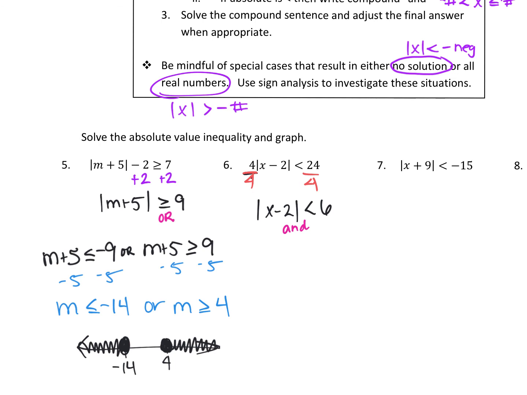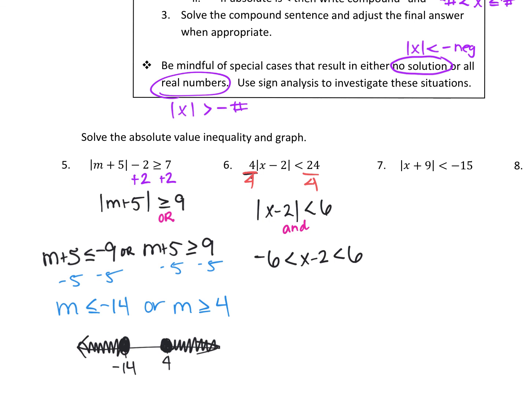So I'm going to write my between statement. What goes on the left? Negative 6 less than x minus 2 less than 6. Okay.